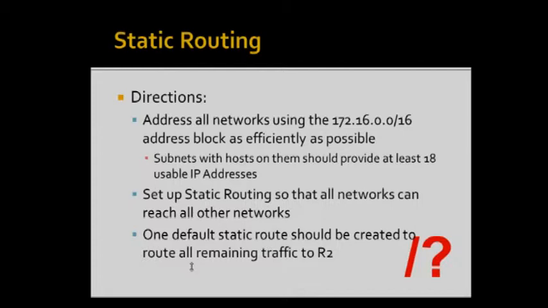One default static route should be created to route all remaining traffic to router 2. So what that's asking for is one static route that catches all other packets. One of the rules of thumb with routing is in the routing table, packets will go to the most specific route.